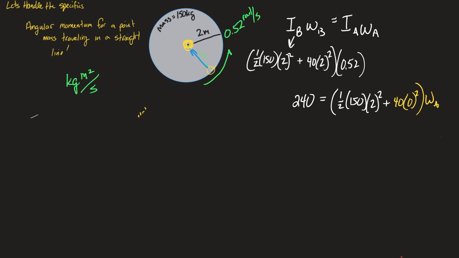So we had a moment of inertia of about 460, but after he walks to the center, we're going to have a moment of inertia of about 300. So this will be 240 equals 300 times omega after. So omega after is 240 divided by 300.